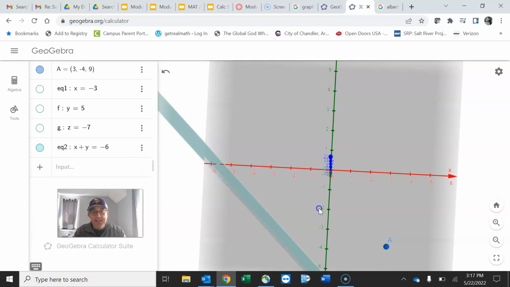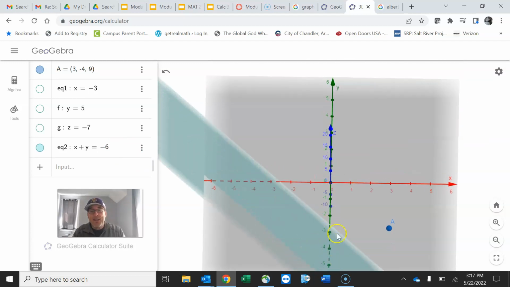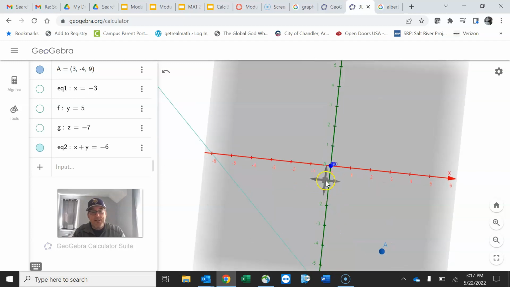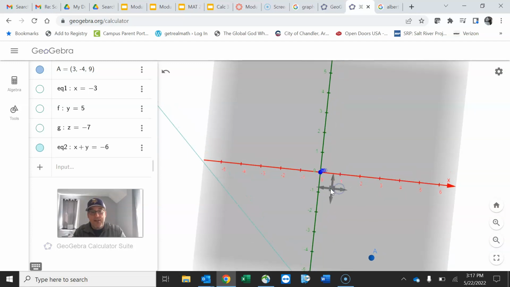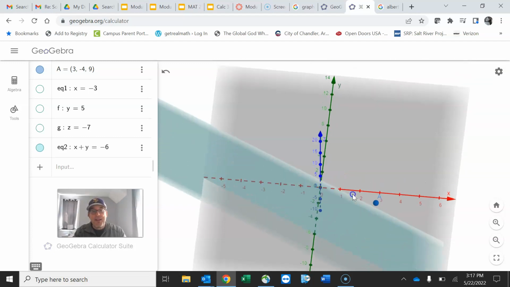Or when y is -6, that's down here. I guess I need to scale that a little bit better. When y is -6 and x is 0, we also have an intercept. And then we have all the points in between.